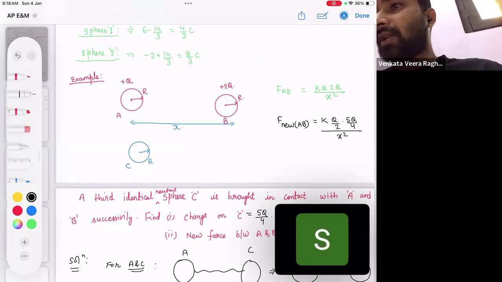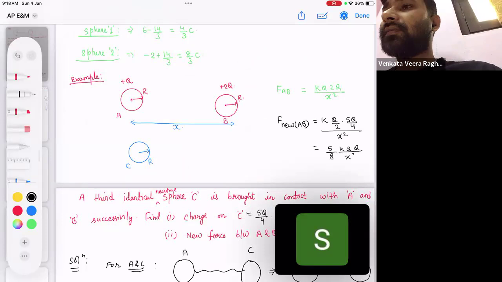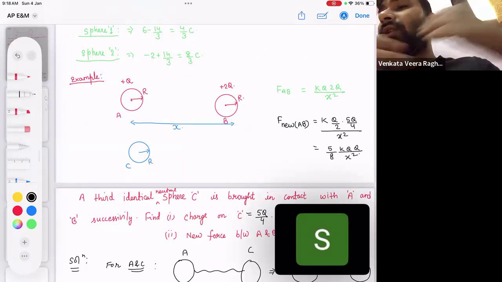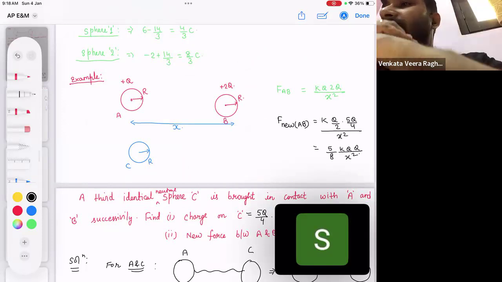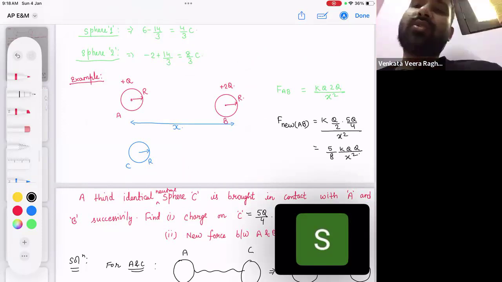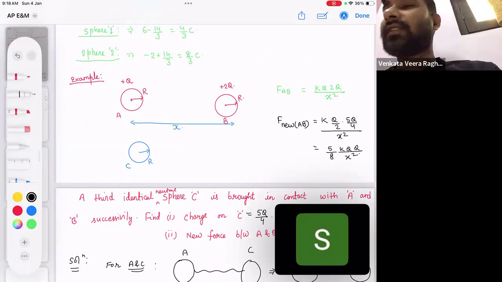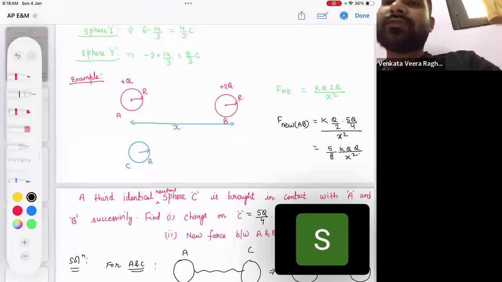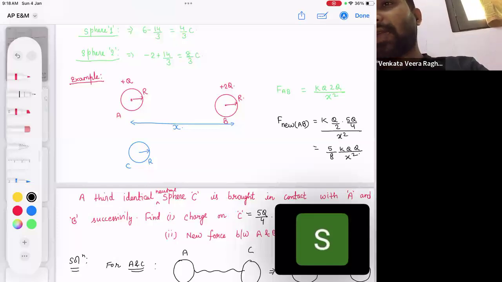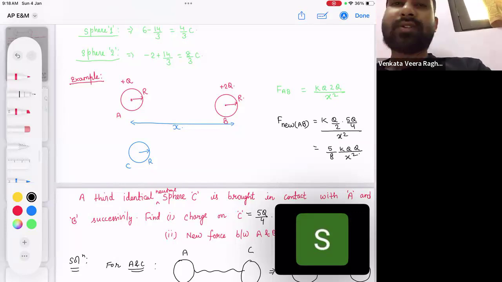What we are getting is 5 by 8 K Q Q by x squared. Understood? So this new force is 5 by 16 times the old force. If they ask you the ratio of the force earlier experienced by these spheres and finally experienced by these two spheres, that ratio also we can calculate now.